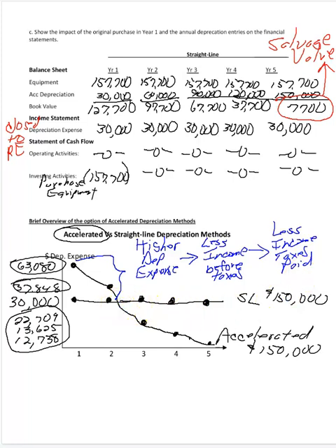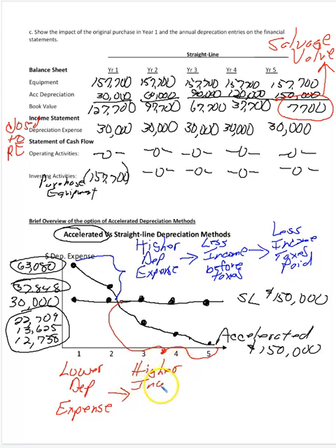Now, let's go down here at the bottom where it flipped. Where it flipped and accelerated became a smaller amount. So in this case, the accelerated depreciation has a lower depreciation expense. And if it's a smaller depreciation expense, then we have higher income.